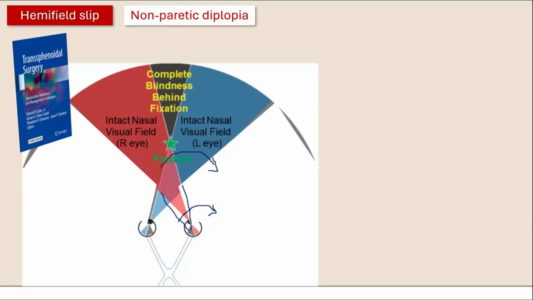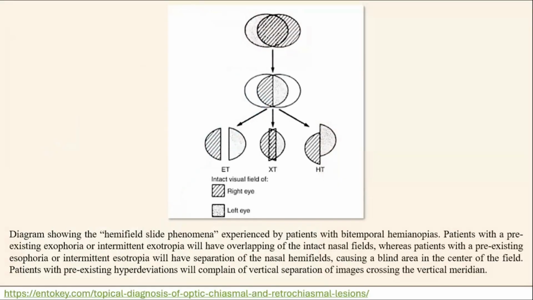So the red triangle here will overlap with the blue triangle here. And that's why in this diagram, you see in exotropia, there is overlapping of the nasal fields. So this explains this part of the diagram, overlapping of the nasal fields, because patients with bitemporal hemianopia only have nasal fields. So they have overlapping of nasal fields.